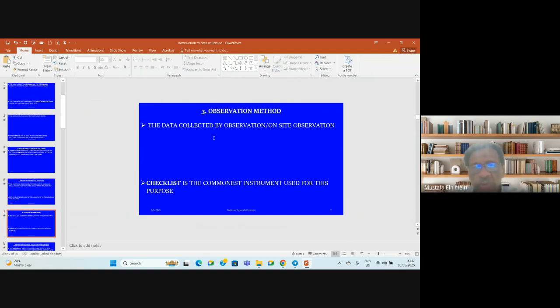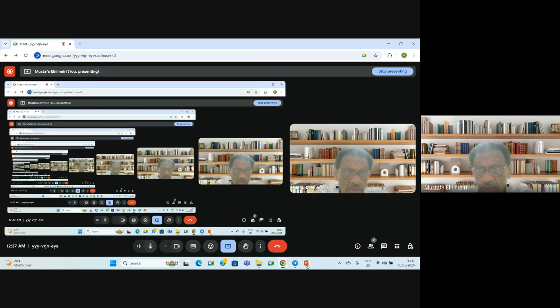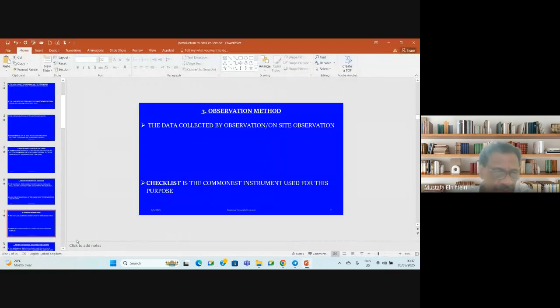Now we talk about the observation method, the data collected by on-site observation, and a standard checklist is the commonest instrument which is used for the purpose of on-site observation.